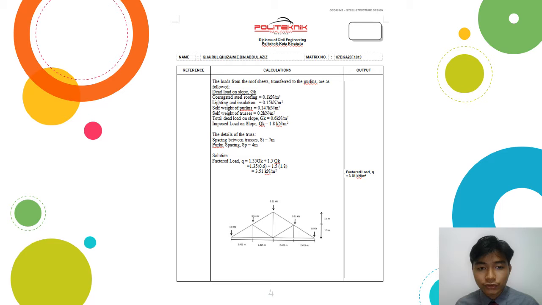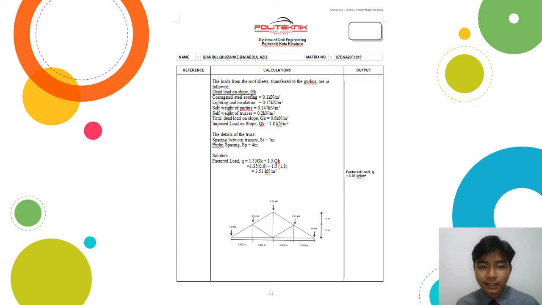Total dead load on slope, or GK, is 0.6 kN/m². Imposed load on slope, or QK, is 1.8 kN/m².